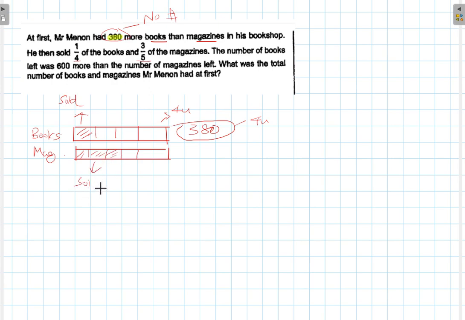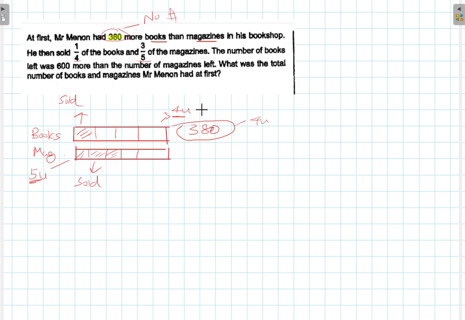Okay, you notice something? It's very obvious, right? This unit of books here, and this one should be the same. But you notice that this is actually 5 units, while this is actually 4 units. Correct? So I just make them the same to make my life easier to calculate.